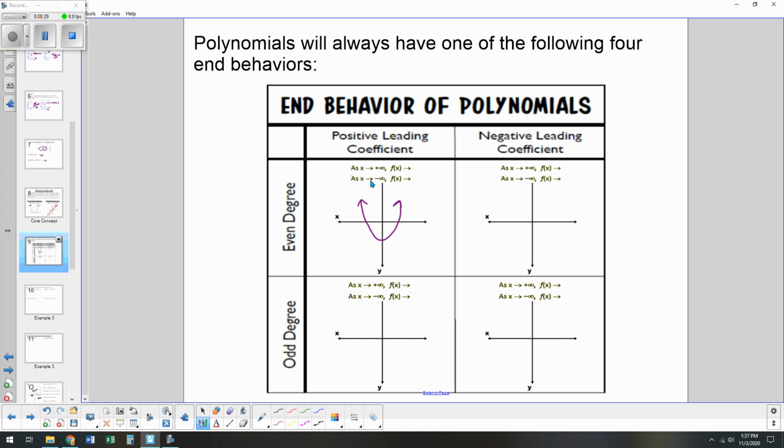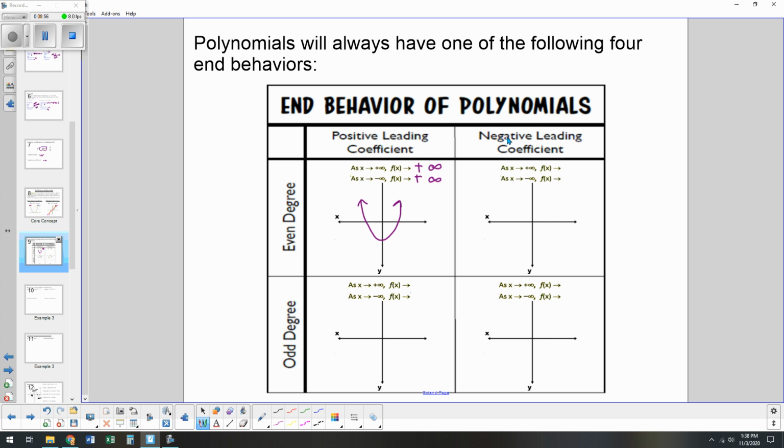So as the x value goes to positive infinity, that means on the right side of the graph, the arrow's pointing up also to positive infinity. And as x is going to the left, or negative infinity, the graph is also going up to positive infinity. You don't have to memorize these because you could always get them from the picture, but you do need to memorize the pictures.